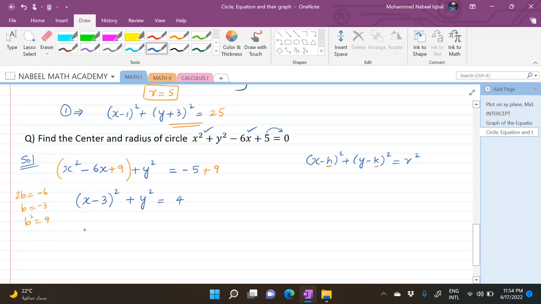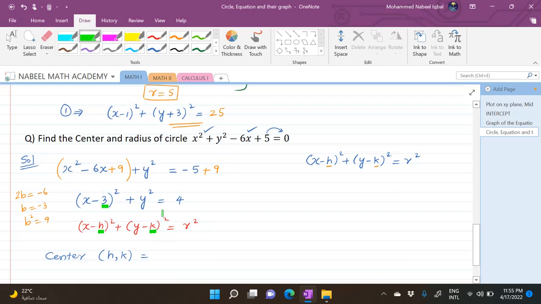So now I can compare this one with the standard format of the circle. The standard format is (x minus h) whole square plus (y minus k) whole square equal r square. From this, I can compare: what is h here? The h value is 3.